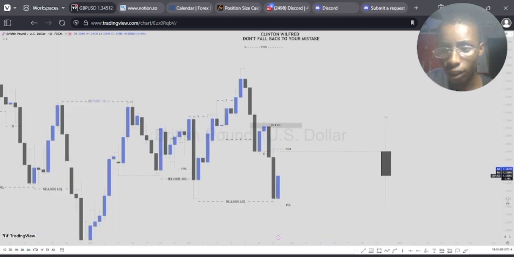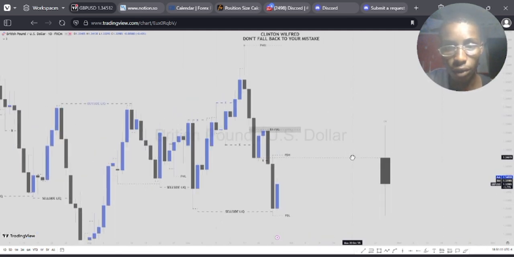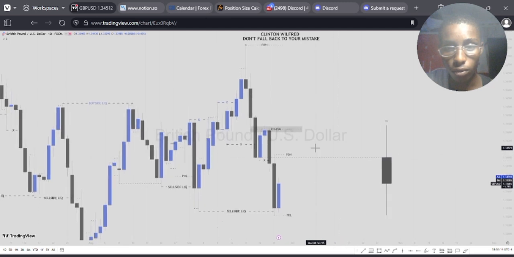As an ICT trader, I basically look for liquidity areas and imbalances for price to reach for a possible setup and trade ideas.